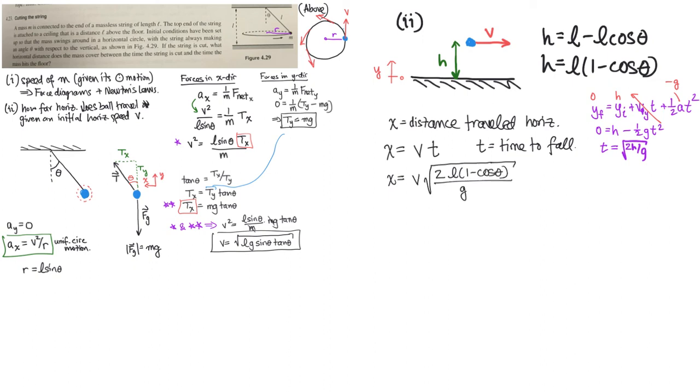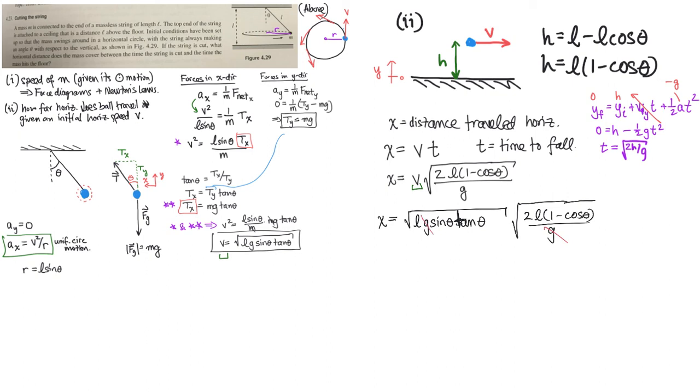So now we're very close. We just need to stitch things together. Here we have a v, and in part 1 we solved for that v. So we can combine all of these things in the following way. We'll replace that v with this one, and we'll say the total distance traveled in the horizontal direction is simply the square root of L g sine theta tangent theta, also times the square root of 2L times 1 minus cosine theta over g, and we get a little bit of cancellation, but not too much.